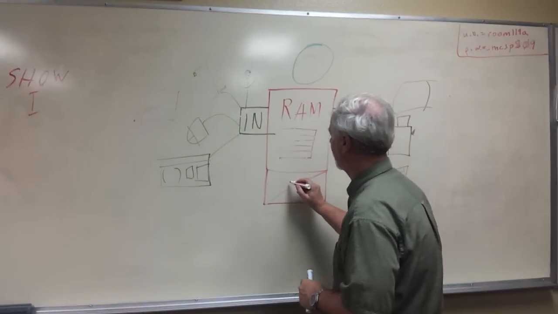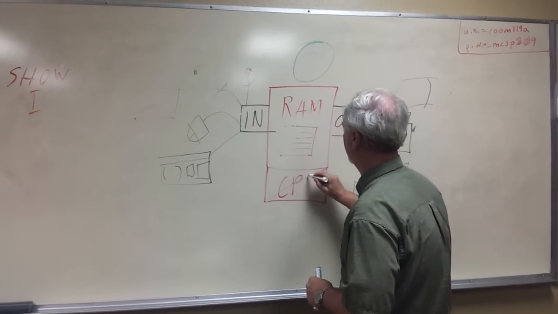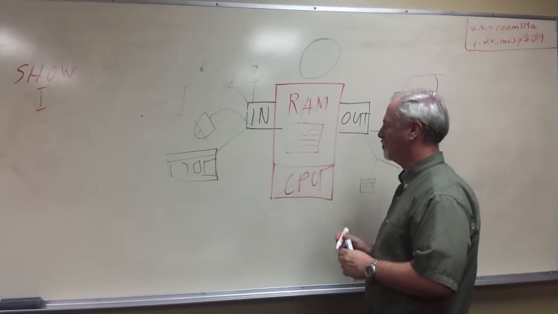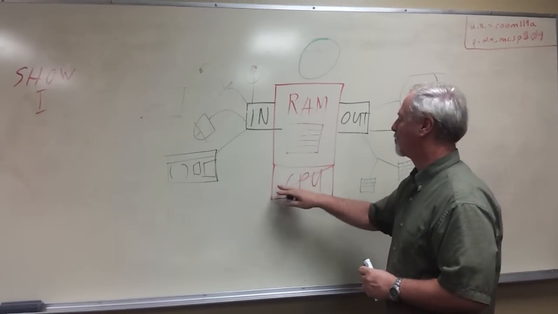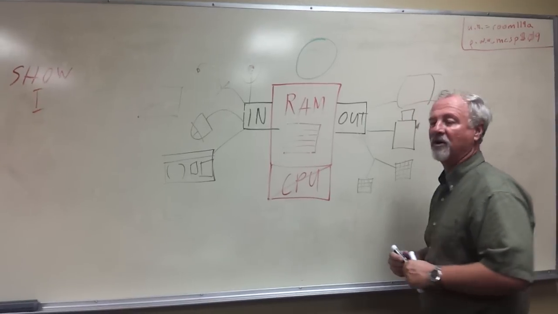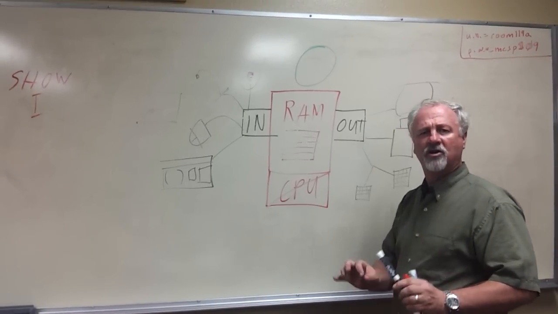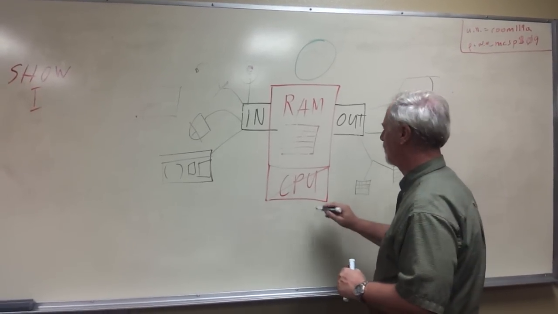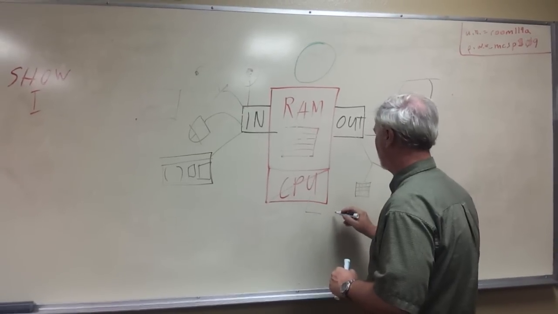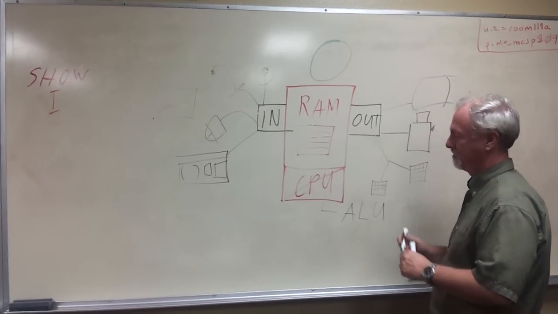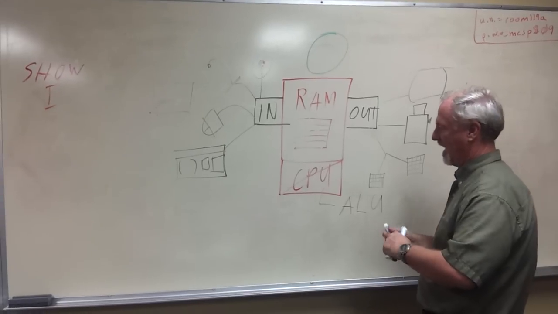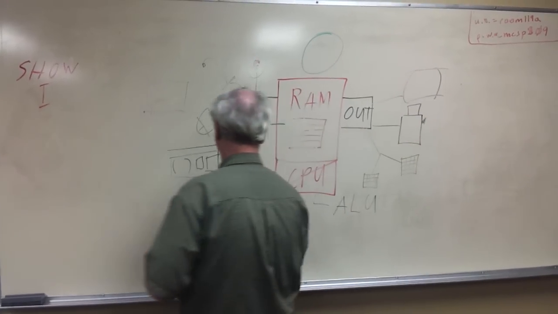Next, we have the CPU, Central Processing Unit. The Central Processing Unit is made up of many parts. We're just going to talk about the two major parts. Two major parts would be the Arithmetic Logic Unit and the Control.